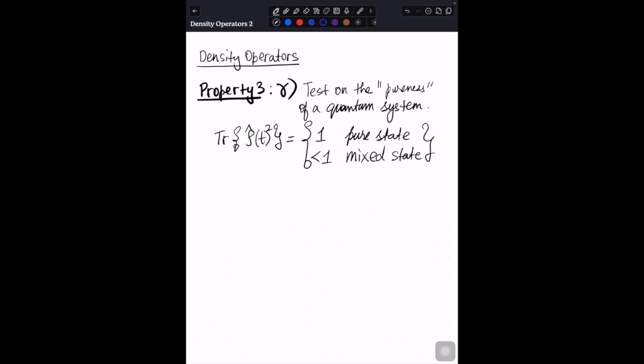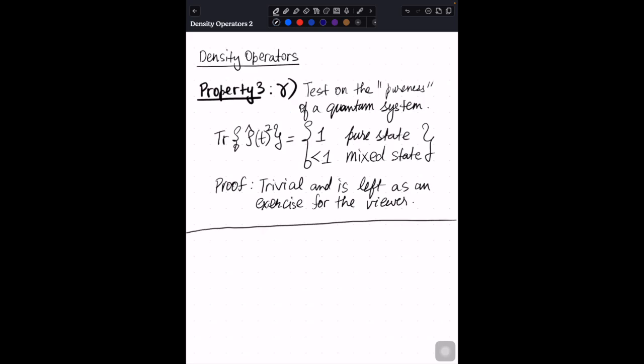And this proof is quite trivial and is left as an exercise for the viewer. So that's where we left off with the last class.